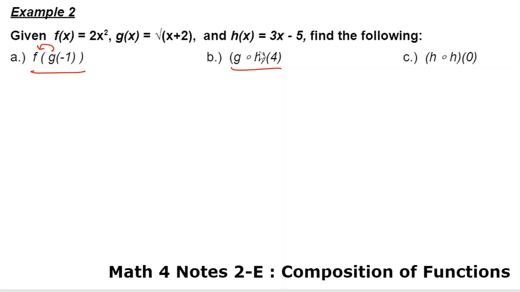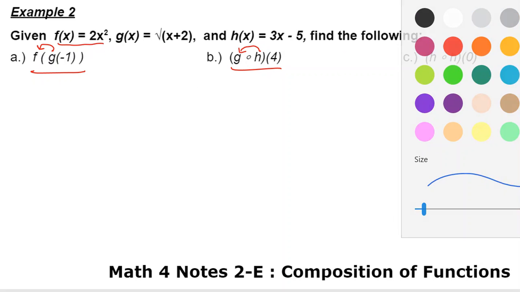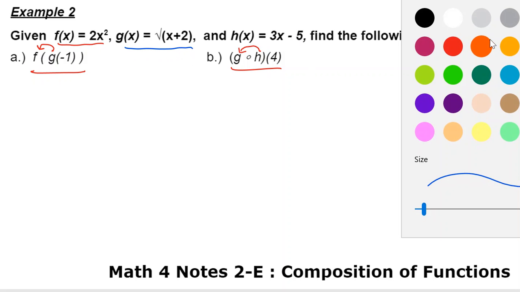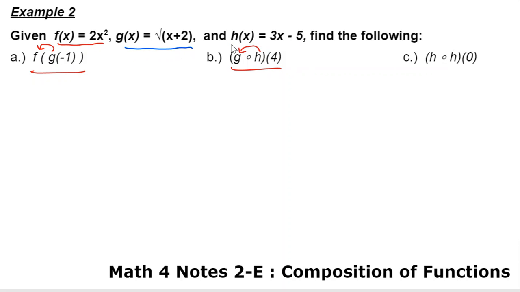And likewise, we're going to do h of 4 first, and then we're going to stick him into g when we're done. Now, let's do some color coding here. That's red. That's blue. And that's yellow.